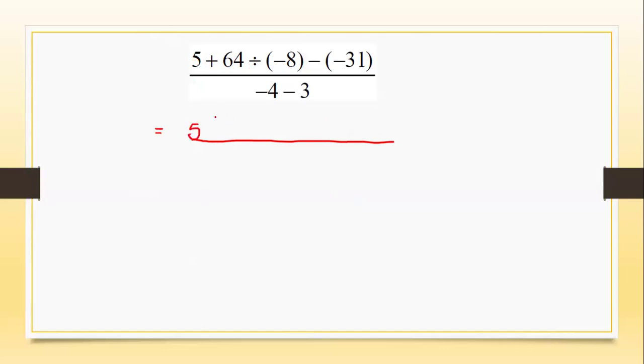I have 5. Positive 64 divided by negative 8. A positive divided by a negative will give me a negative. 64 divided by 8 gives me 8. So positive 64 divided by negative 8 is negative 8. And I have negative 1 times negative 31, giving me a positive 31.